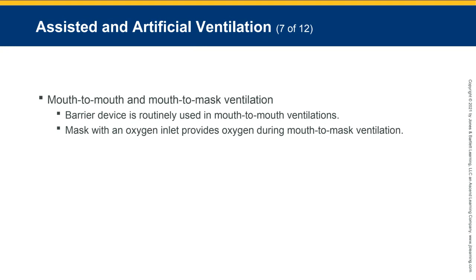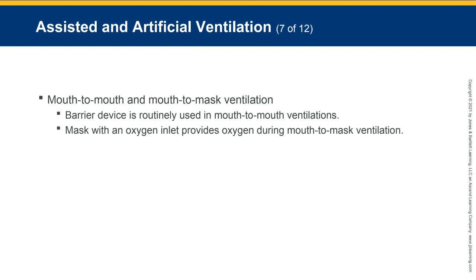Now, mouth-to-mouth and mouth-to-mask ventilation. Mouth-to-mouth is done with a barrier device, and that's not something we practice in the pre-hospital setting. That's something we would consider for loved ones or family members. The mouth-to-mask ventilation is done in the pre-hospital setting, and it is something to keep in your back pocket. And when I say keep it in your back pocket, I don't mean literally put it in your back pocket.